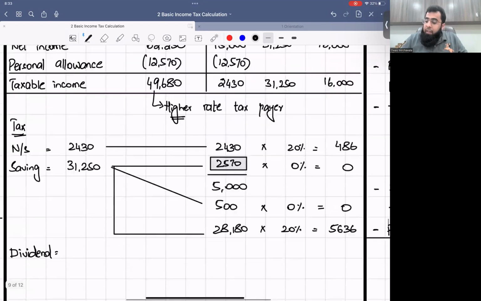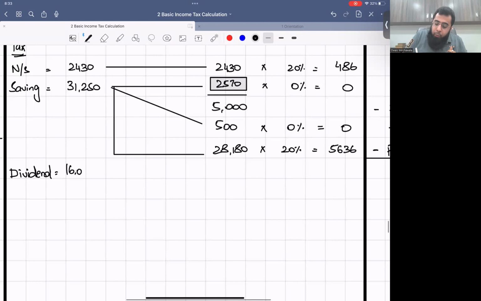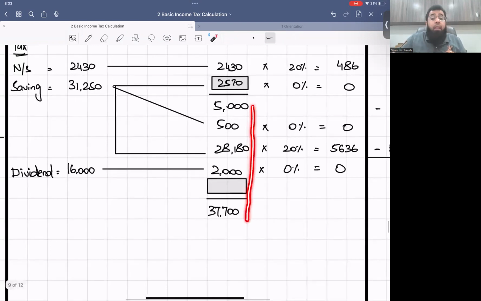And then at last we have dividend income. Okay, our dividend income is 16,000. First 2,000 always go at 0%. I believe that this is nothing new. We have done it many times. Now we need to look at the basic rate band, because the band must be exhausting by now. If I look at the basic rate band, 37,700 minus 5,000 minus 500 minus 28,180 and 2,000.